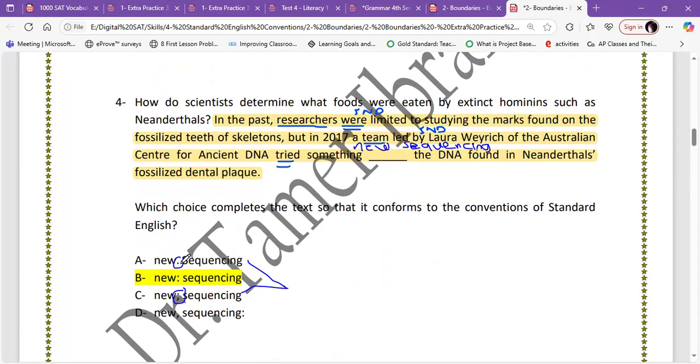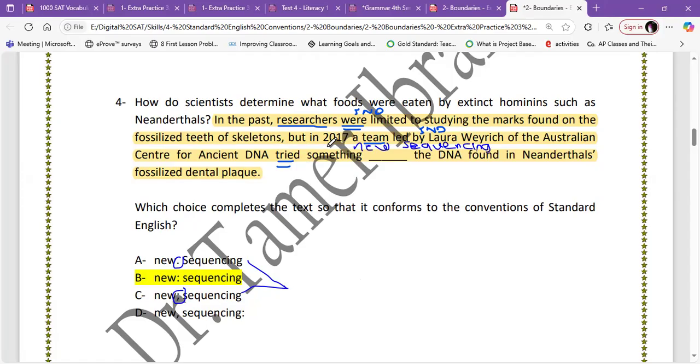So that means the full stop and the semicolon look like each other, so keep them aside. Now I have the colon before sequencing or after sequencing. Let's find out. In the past, prepositional phrase. Researcher, subject, where, verb. So this is independent, limited to studying the marks found on the fossilized teeth of a skeleton. Okay, this is independent. Comma, but.